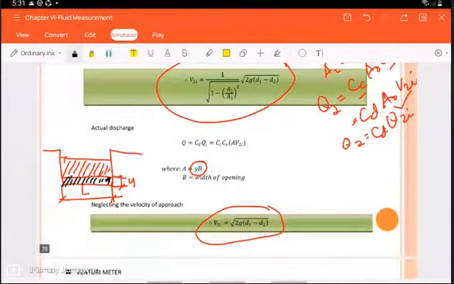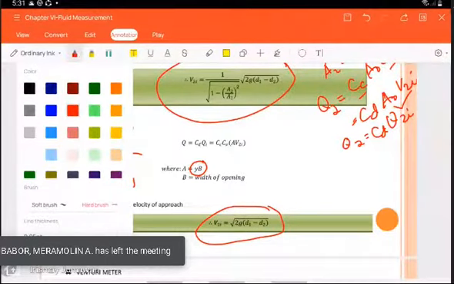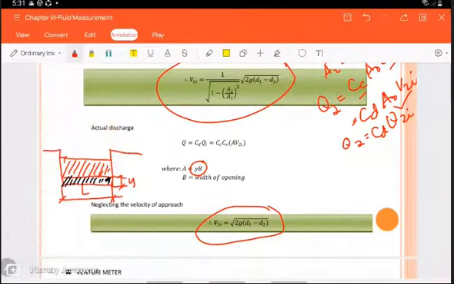Again, this will be the formula, because this one is CD. Okay, that is C to I. So that is the formula.